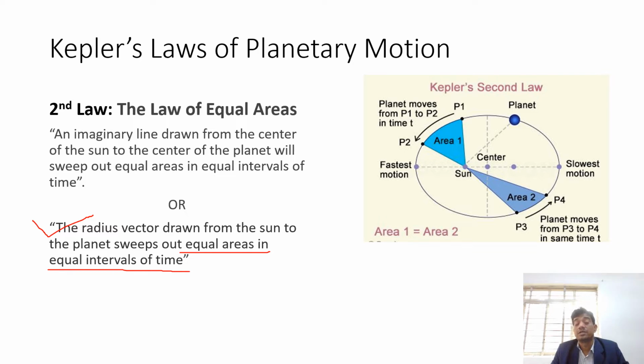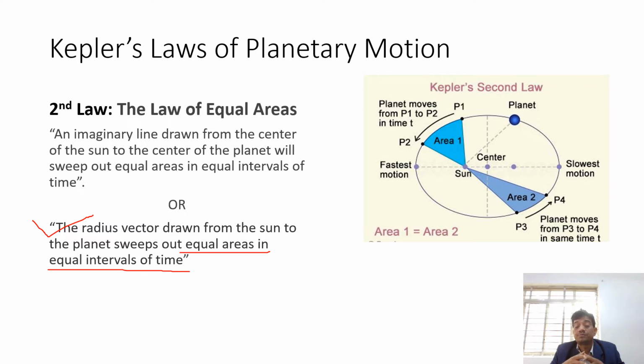If it sweeps out equal area in equal intervals of time, that means the area divided by time is constant during planetary motion. For any planet revolving around the sun, the areal velocity, that means area divided by time, is always constant, right? In rotational or revolutionary motion, one parameter, angular momentum, is also constant or conserved.